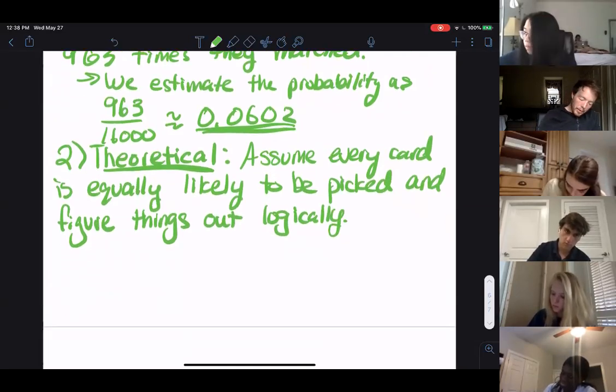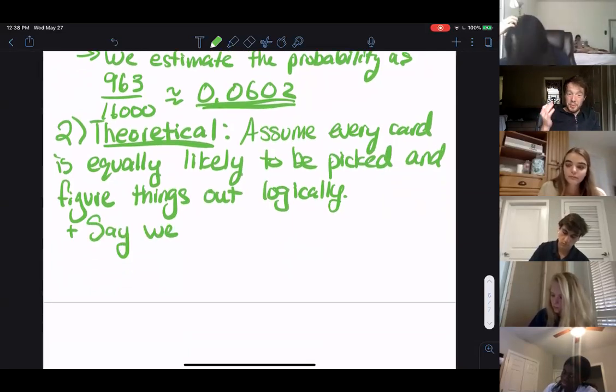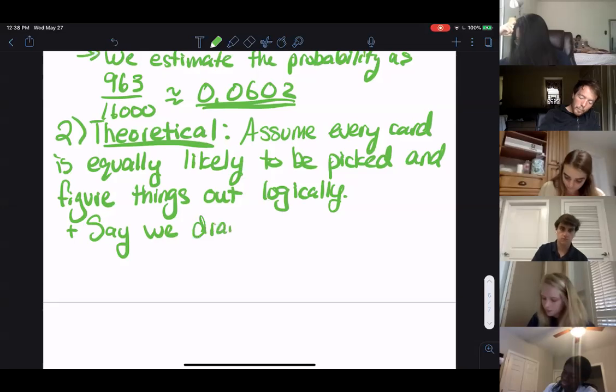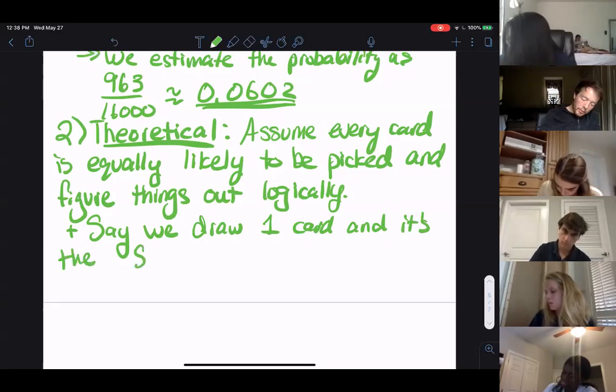So in this example, I'm going to give you an example of how I would solve this using a theoretical solution. So say we draw one card. So we draw a first card, and it's the 8 of hearts.